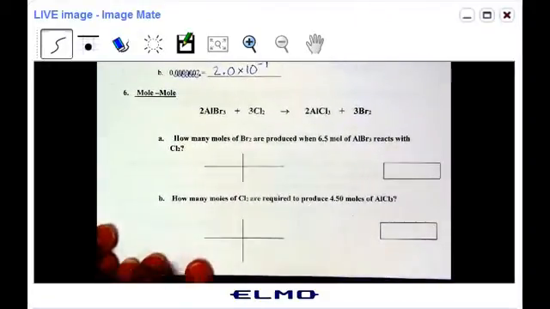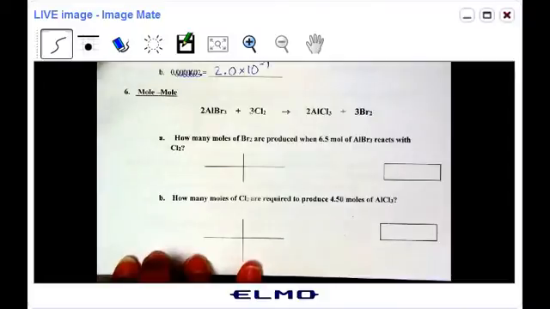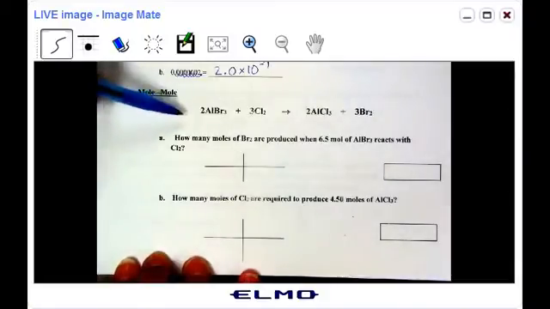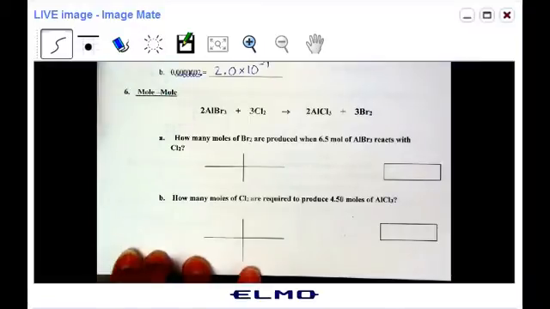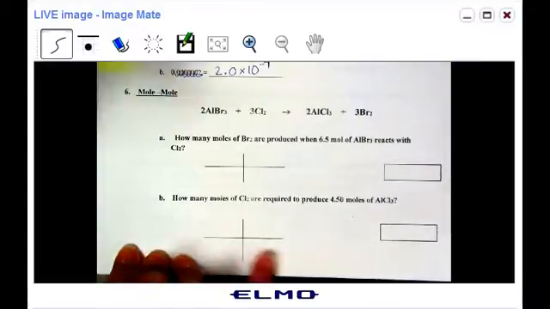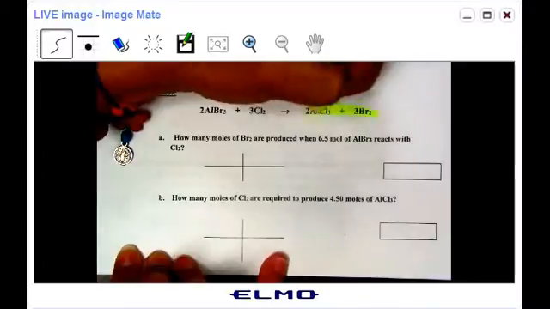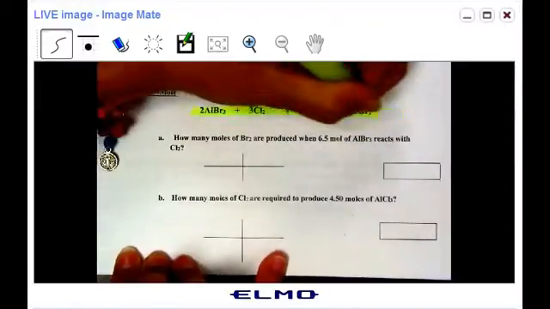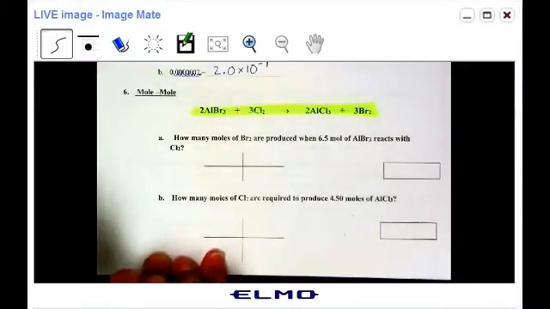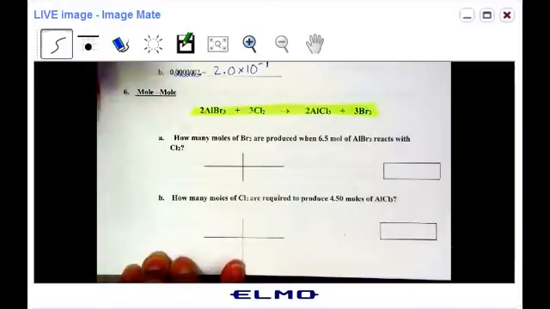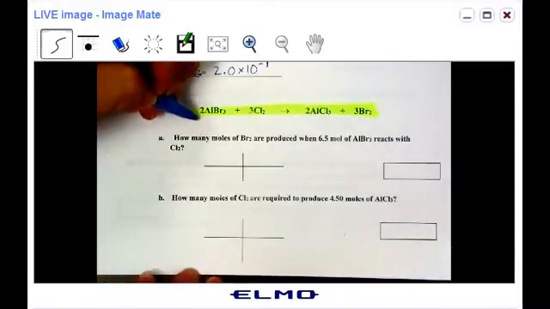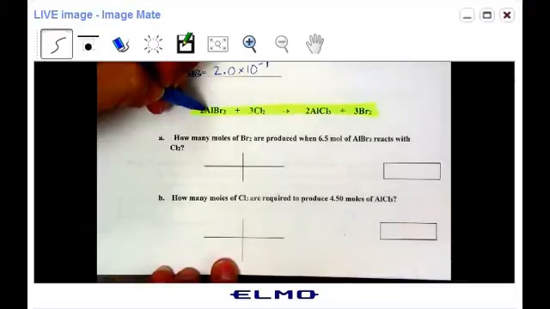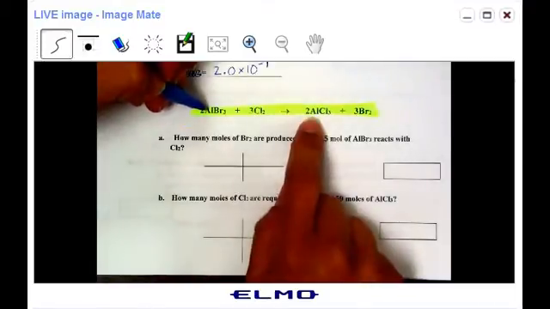Number 6, mole to mole. This is stoichiometry, so you always have to check that the equation given is balanced. The equation is right here. I have 2 Als, I have 2 Als.